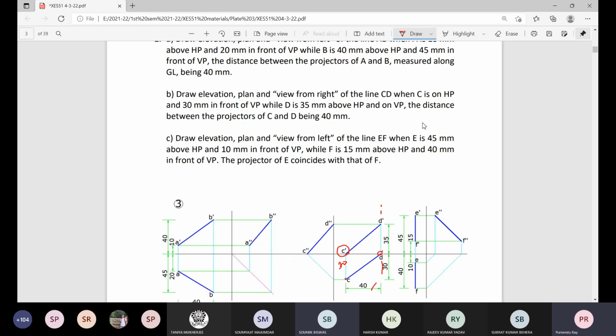So elevation will be on the ground line. On VP, sorry, distance from VP is in plan, so distance is 0. So plan is at 0 distance from the GL, and the height of that point D, it is 35 millimeter above HP. So this is the 35 millimeter. So identify this also. Now join these 2 points C dash D dash, that is the elevation. Join these 2 points CD, that is the plan.